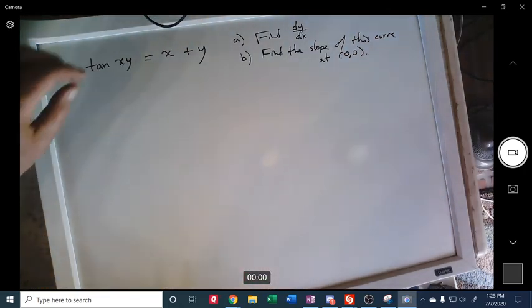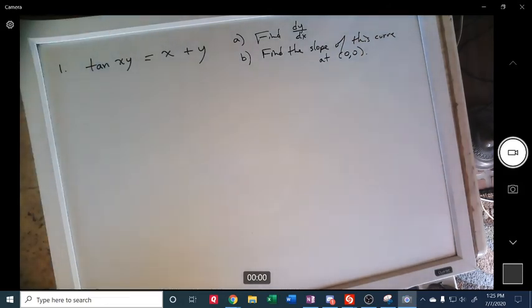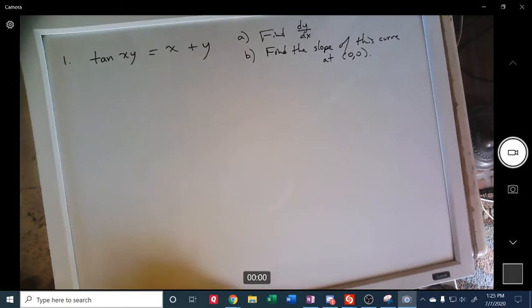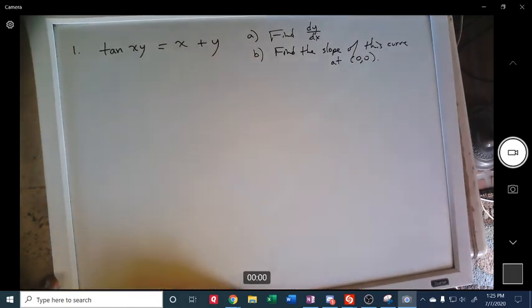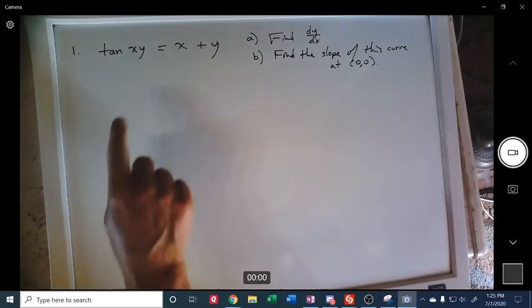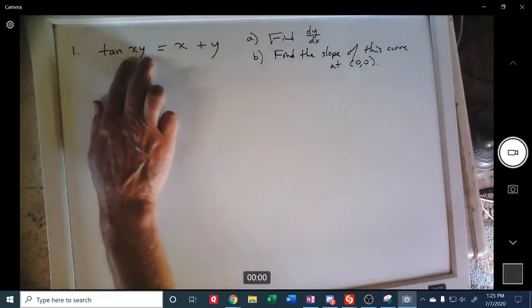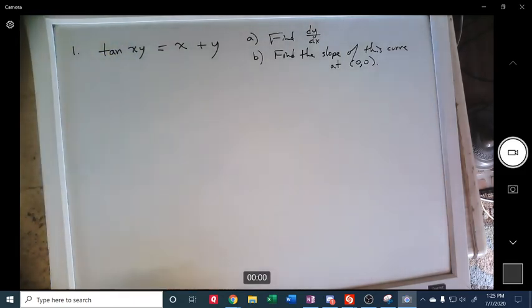Alright, so first step. If I can solve for y explicitly, do it. But I can't in this case, because this y is inside a tangent function. The only way I could get outside of that would be to take the inverse tangent of both sides.